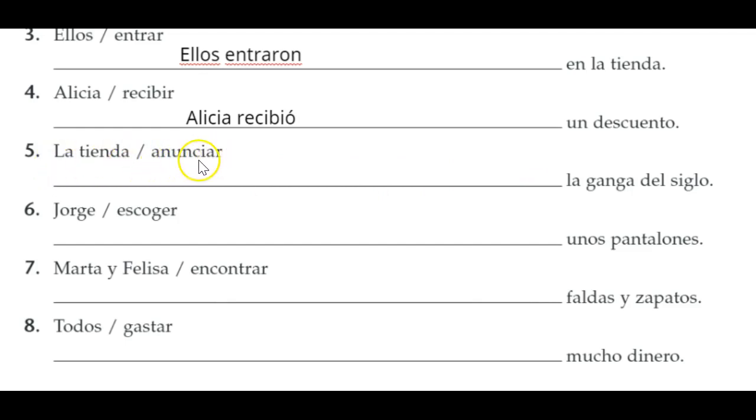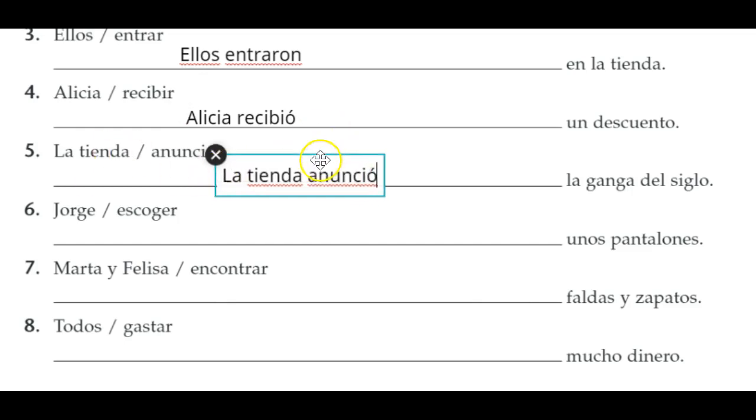Anunciar means to announce. La ganga del siglo, right? The deal of a century. Okay, that must be a great deal, right? Must be a great discount. La tienda anunció.